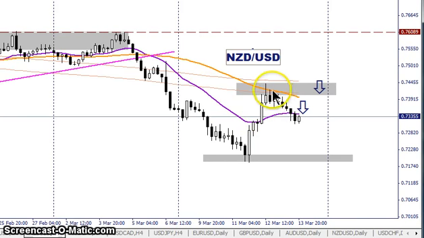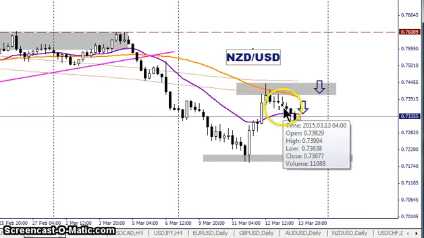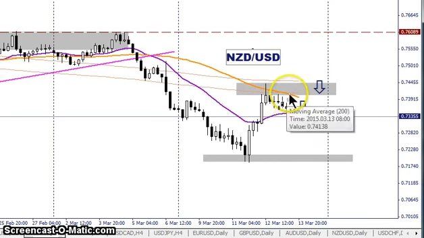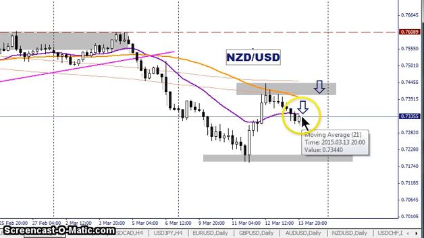It went all the way up, tested the 50 SMA, which is great, and then price was rejected by the sellers, and price has been brought all the way back below the 21 EMA. So I'm expecting price to perhaps go a little bit sideways. This area will be tested again, but eventually price should come back down further.